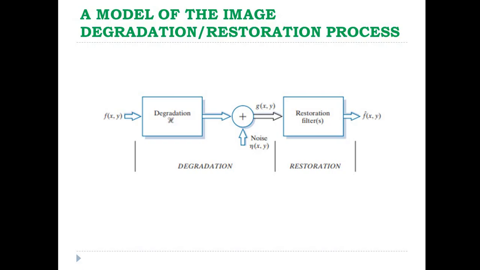So now g of x comma y is the degraded signal which is applied to the restoration filter, which is estimating the original f of x comma y. Since it is the estimate, it is f dash of x comma y. So the model consists of two segments. The first segment is degradation and the second segment is restoration.